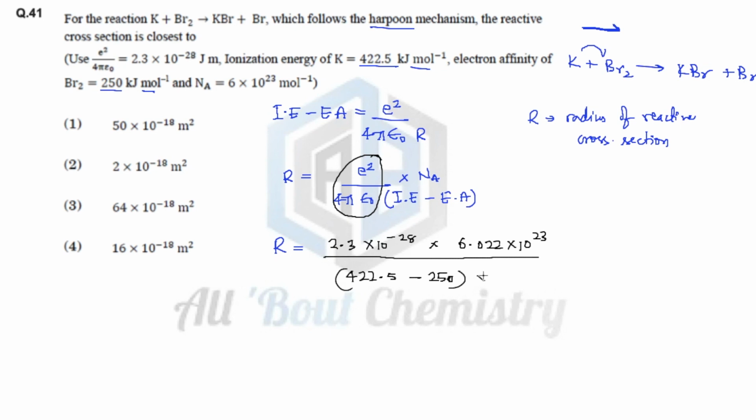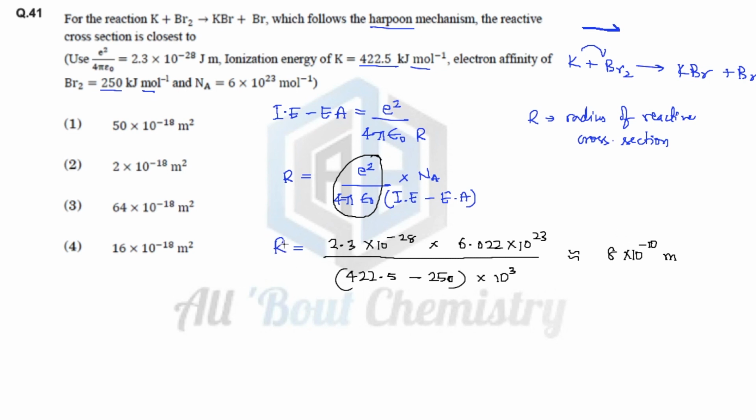So I have to convert this as well into joules, multiplying with 10 to the power 3. Now you have complete numerical values. You just have to multiply, solve the powers, and you can get the value at the end. The value which you will get will be approximately equal to 8 into 10 to the power minus 10 meters. So that's what you are going to get as the final value of your R.